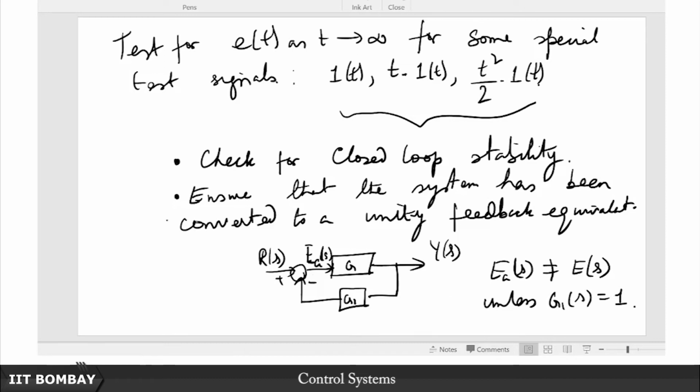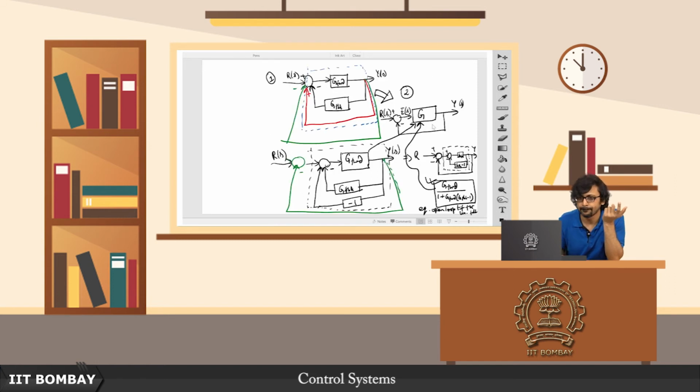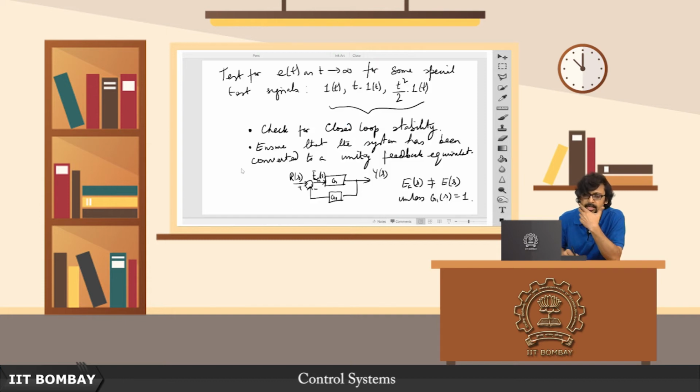Alright. So, the first thing that you should do, or rather the second thing after checking stability, is ensure that you have converted this into its unity feedback equivalent like we had done here. And once you have reached this stage, now you can begin to talk about this error signal here, and study whether it goes to 0 eventually as t tends to infinity. So, remember these two steps that you must always perform.